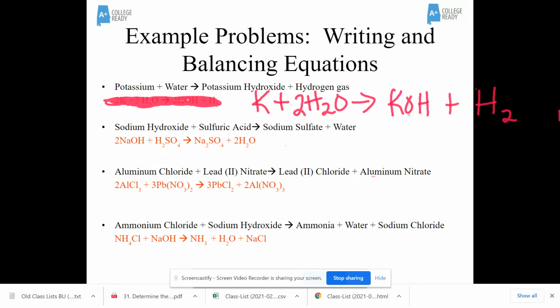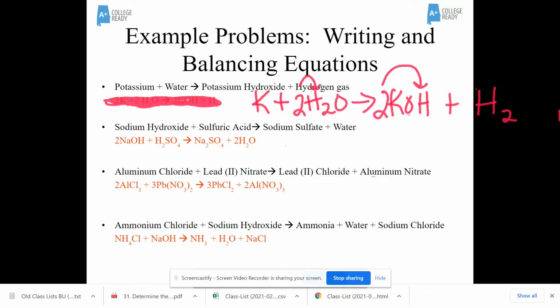So what do I do now to get the ones on the right to balance with the ones on the left? If I put a 2 in front of the KOH, because this coefficient goes with everything it's in front of, that gives me 2 hydrogens plus 2 hydrogens is 4, and that's 4 as well.